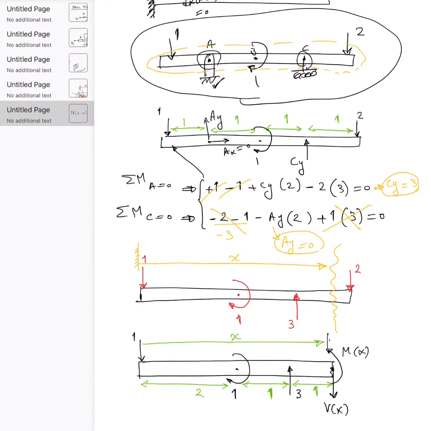Sorry, from here to here is not 1. So this one is x, this is correct.